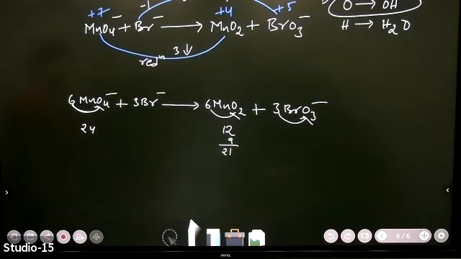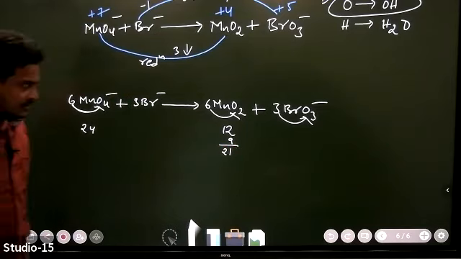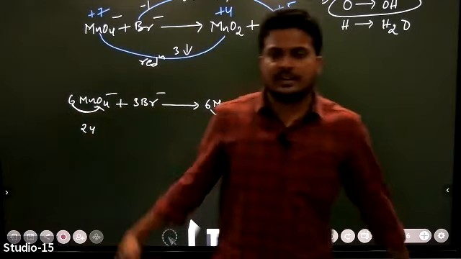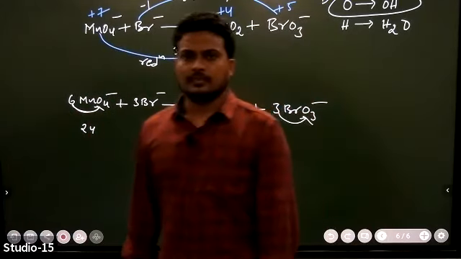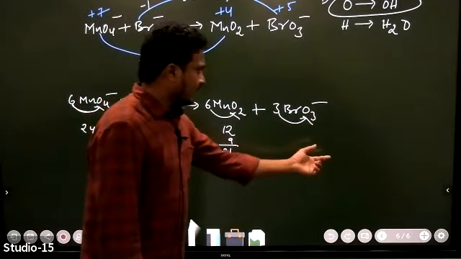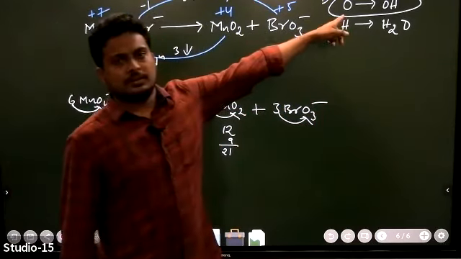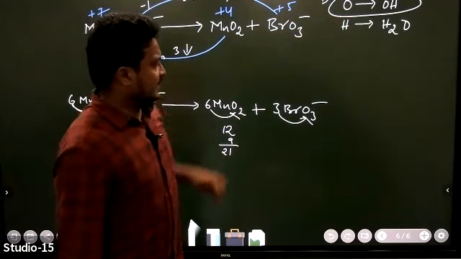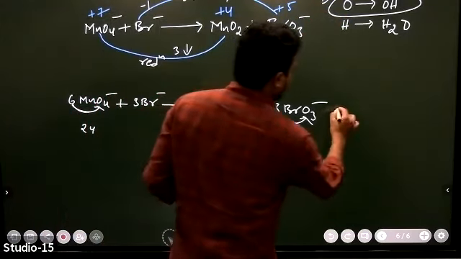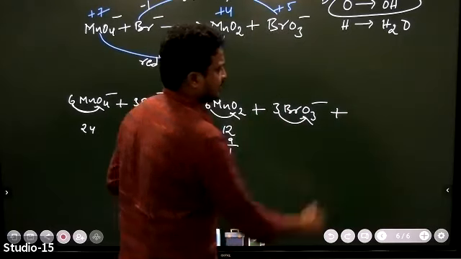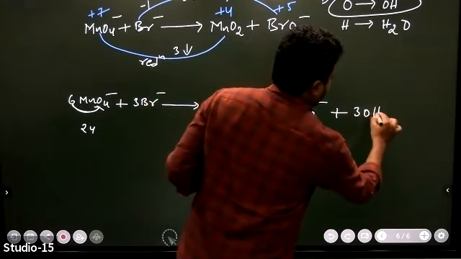Now how many are required? 3 are required on the right hand side. So in balancing oxygens, we add OH minus. So 3 OH minus.